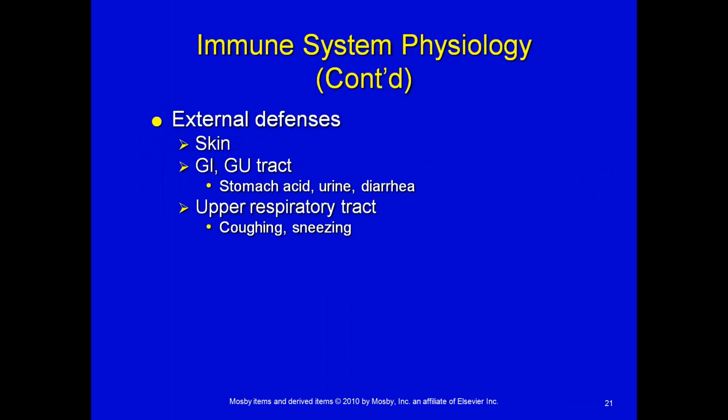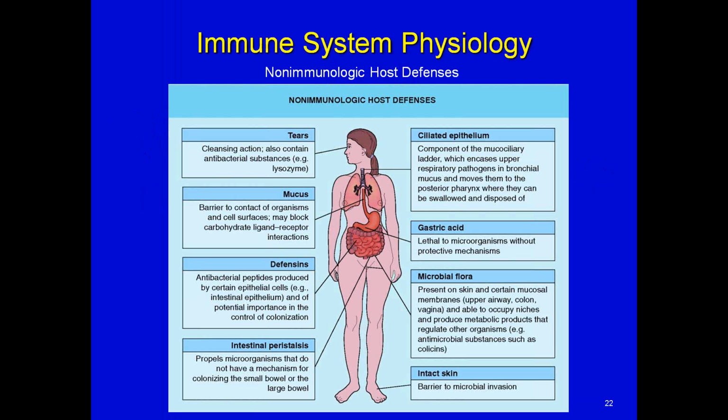Your cilia in your bronchioles and the mucus being pushed up so that you can cough it out is another defense mechanism as well. So some other host defenses include tears, which have a cleansing action to the eye, and mucus, which is a barrier to contact of organisms and cell surfaces.